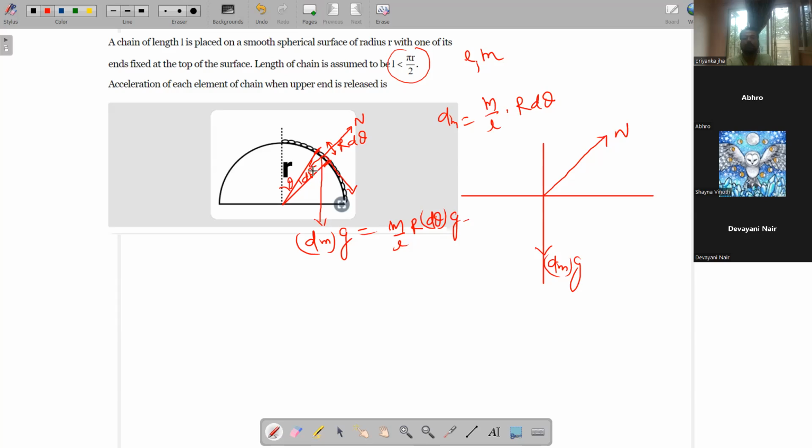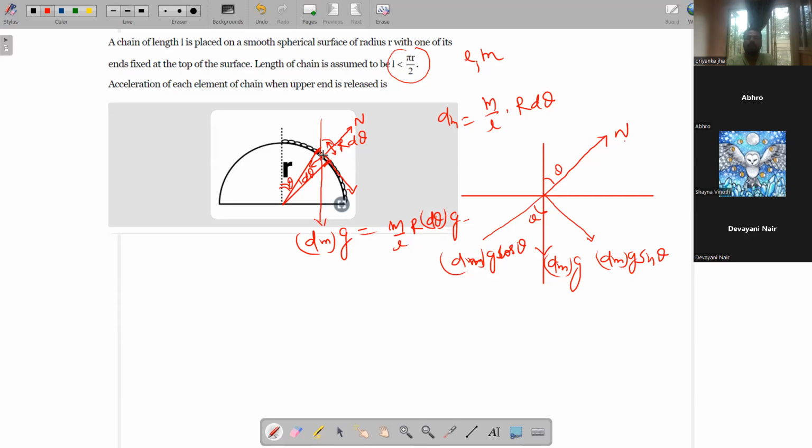And this is a very small angle, so we'll consider this as theta. If this angle is theta, of course this angle is also going to be theta. So we have two components of the force due to gravity: dmg sine theta, and dmg cos theta.